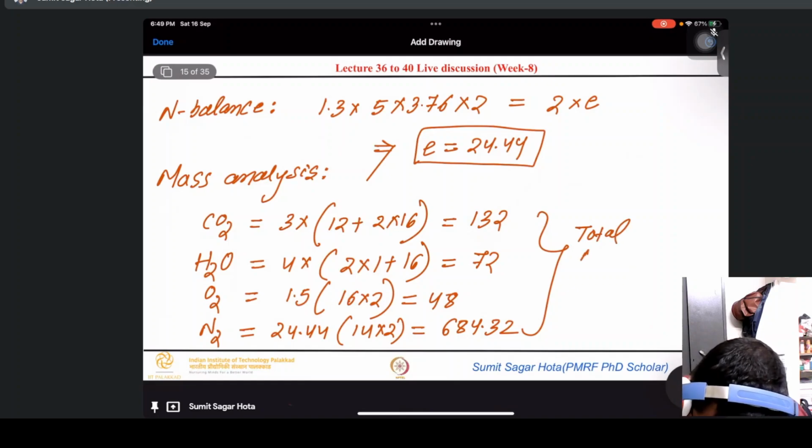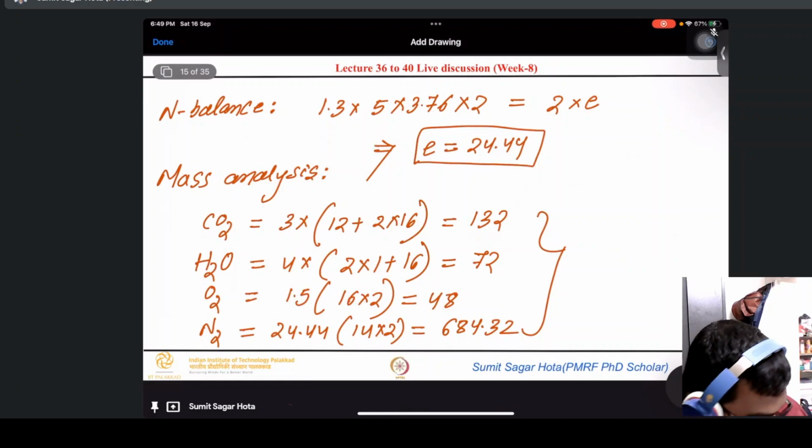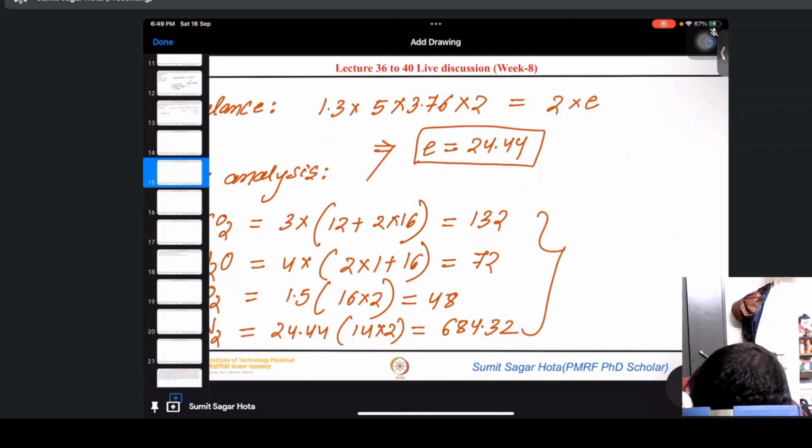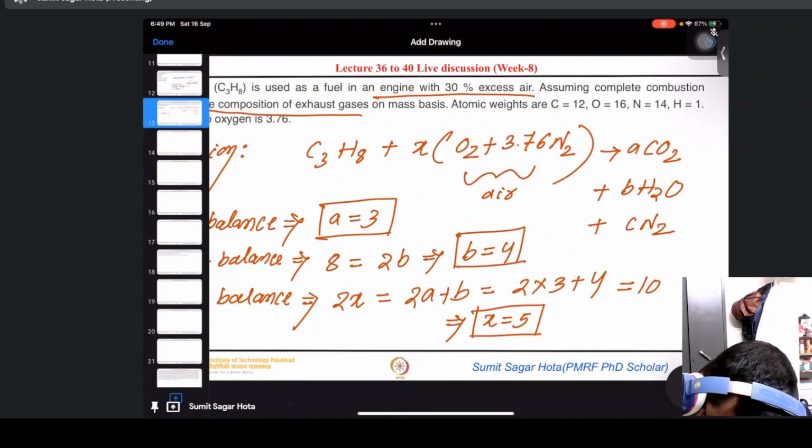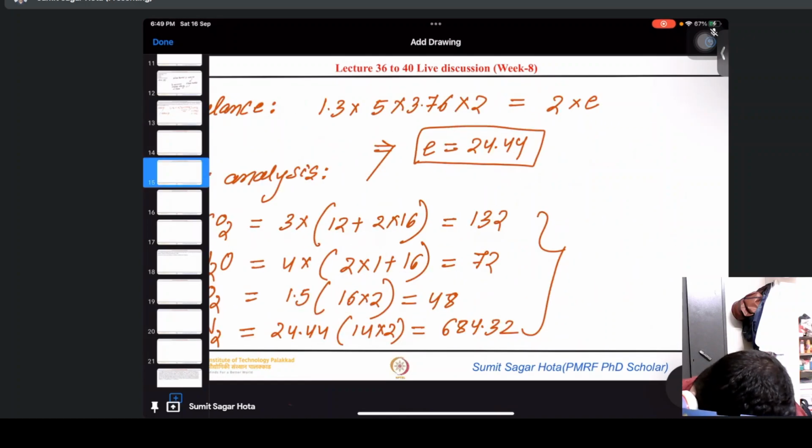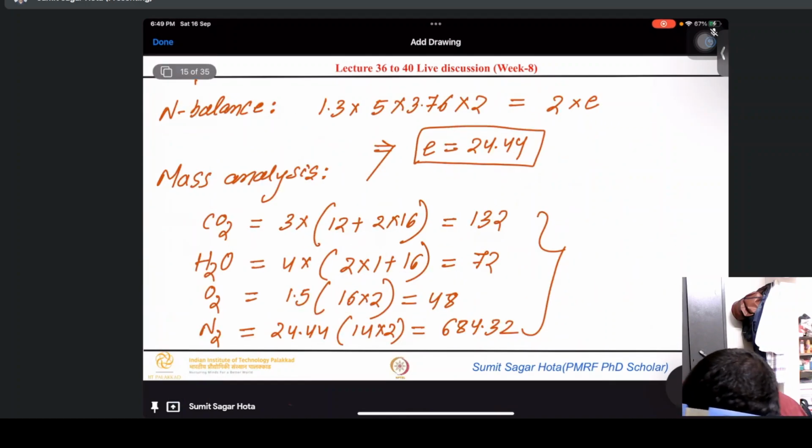Now the total mass. Actually, let's see what exactly is asked in the question. Composition of exhaust gas means mass fraction, in percentage, that you have to find.